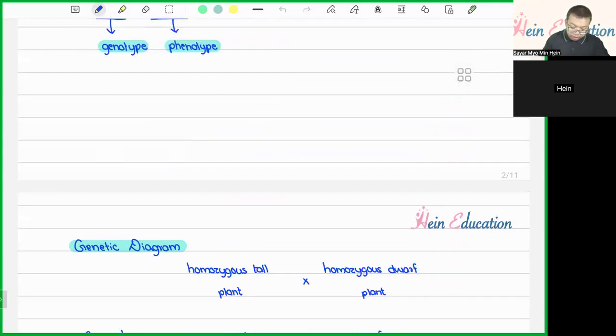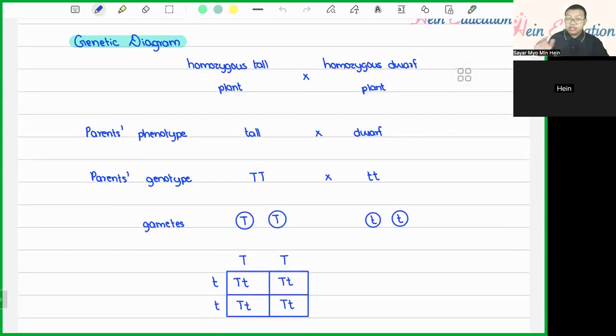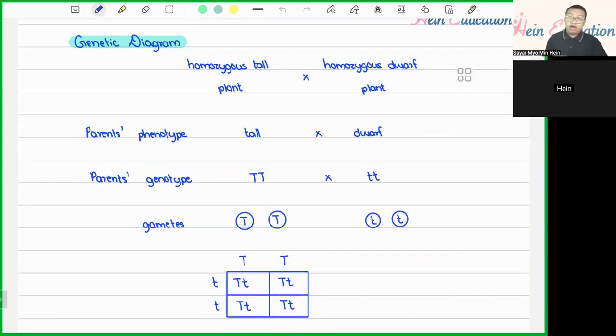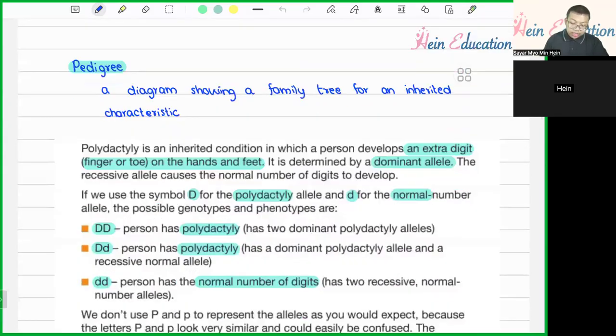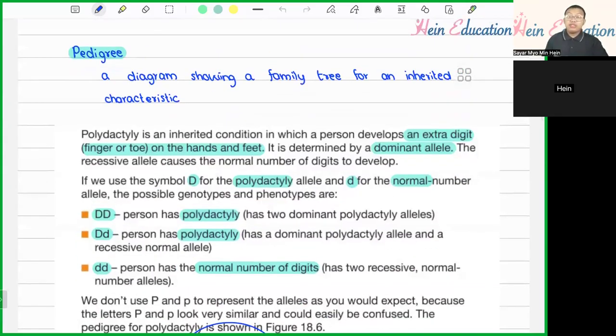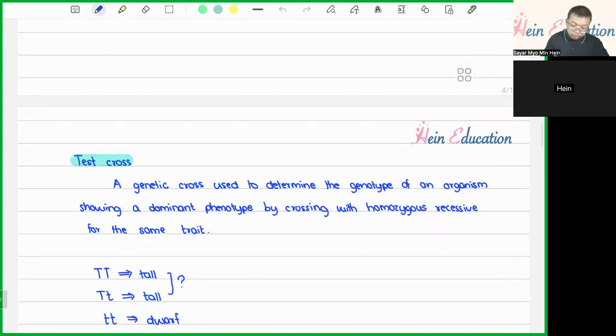After that, we went on to genetic diagrams. This is a very systematic way of calculating genetics using the Punnett square. After that, we went over the pedigree, which is a diagram showing a family tree for an inherited characteristic, and we learned how to sort out the pedigree diagram.